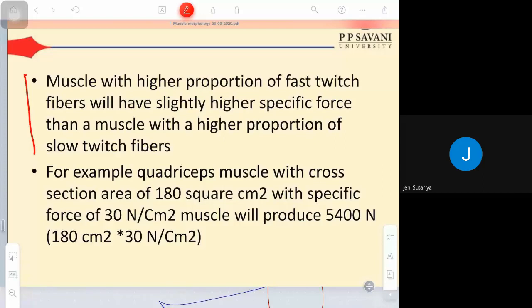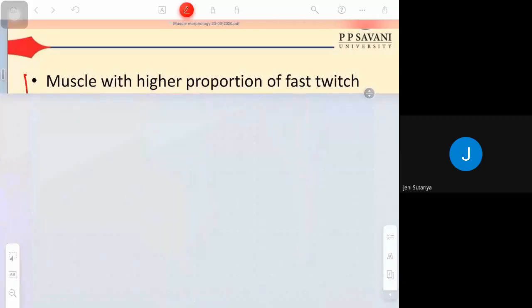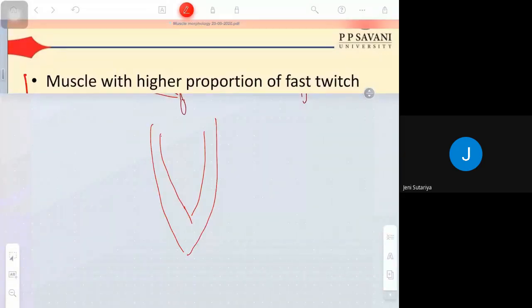If you take the quadriceps muscle with cross-sectional area of 180 square centimeter. Listen carefully. I am taking an example of quadriceps muscle. You know this is rectus femoris, vastus intermedius, vastus lateralis, vastus medialis. Clear?